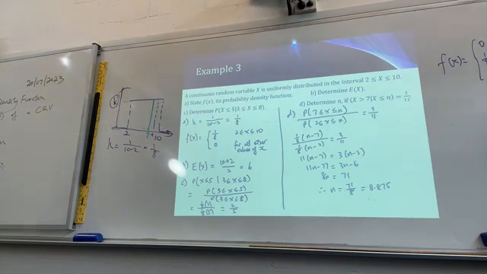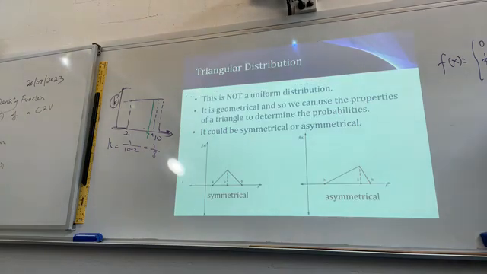Alright. Next, we're going to look at another geometric distribution: a triangle. Now, for a triangle, it is not a uniform distribution, but it is geometrical, so we can use the properties of a triangle to determine the probabilities.